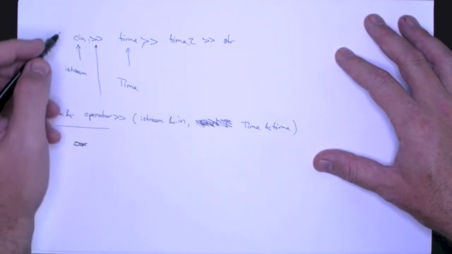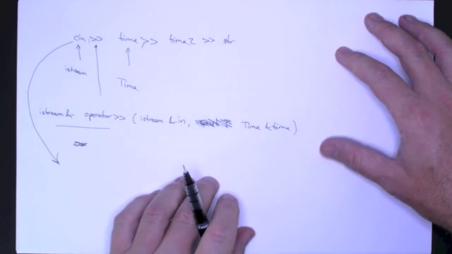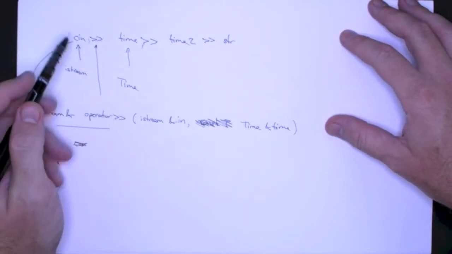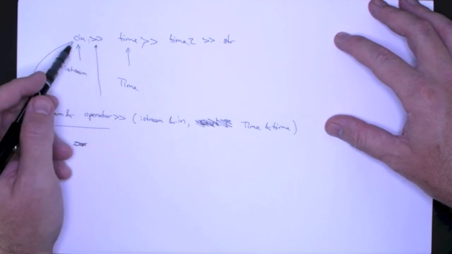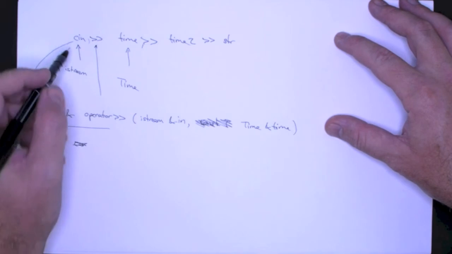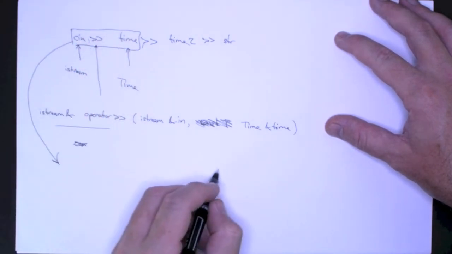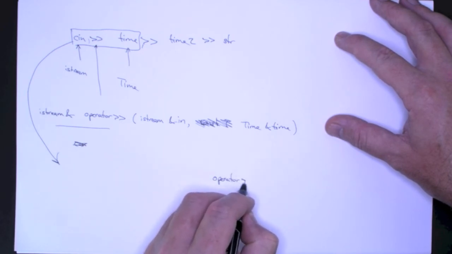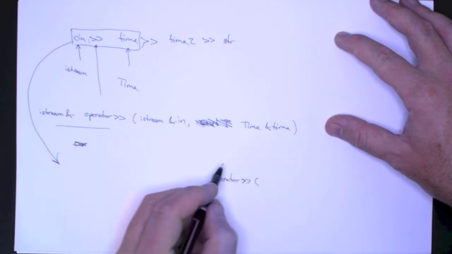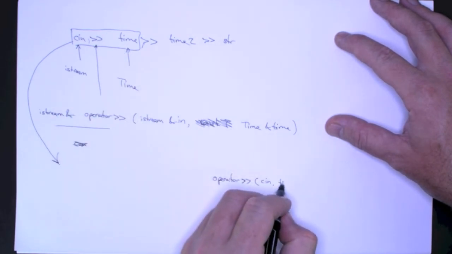And the way this ends up getting interpreted in the program is, this is the first operation that I perform. Well, that's a call to operator, passing in cin and passing in the object time.